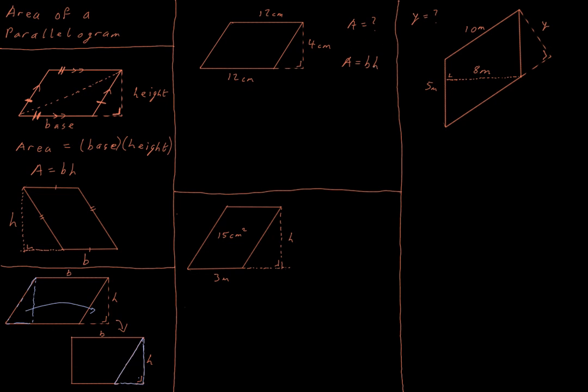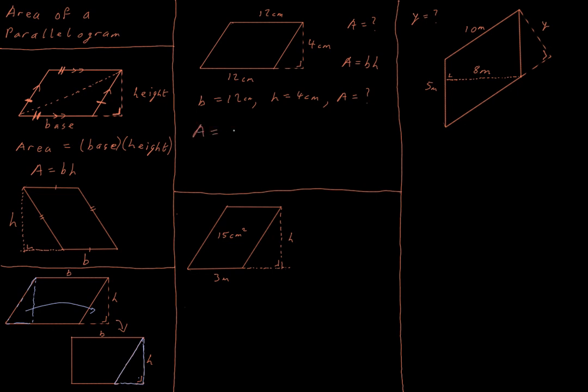At that point, what am I able to say? Well, I know a base, and I know the perpendicular height from that base to the far parallel side. So I can say my base is equal to 12 centimeters, my height from that base is 4 centimeters, and I want to know the area. I know my formula, I've written it down.